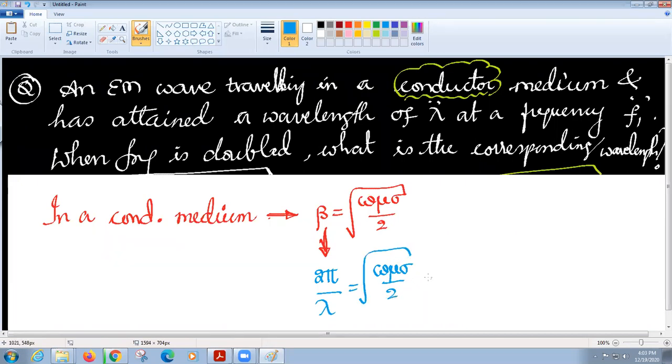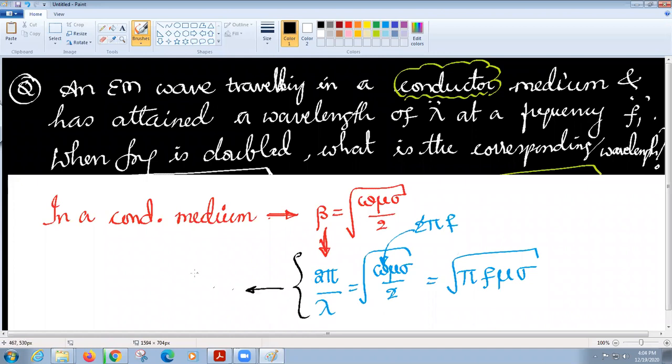Now further, I can plug in omega, which is nothing but 2 pi f. If I plug in here, the 2 will cancel out internally. So now you have pi f mu sigma under the square root. Agree? Yes, sir. Once you have this, can I say from this that 1 by lambda is proportional to square root of f? Can I say this? Yes, sir.